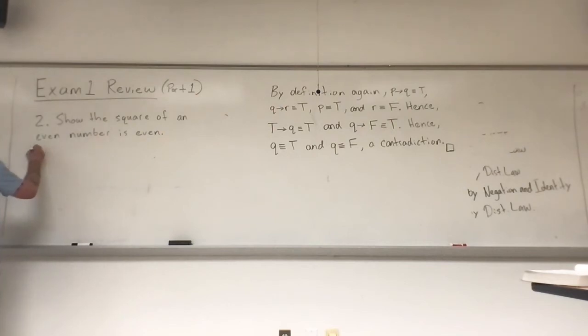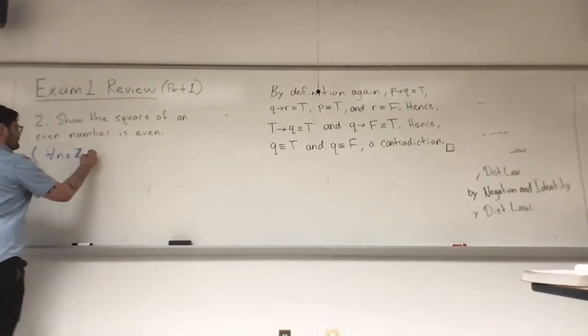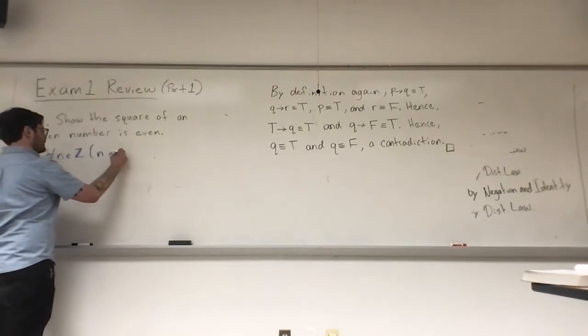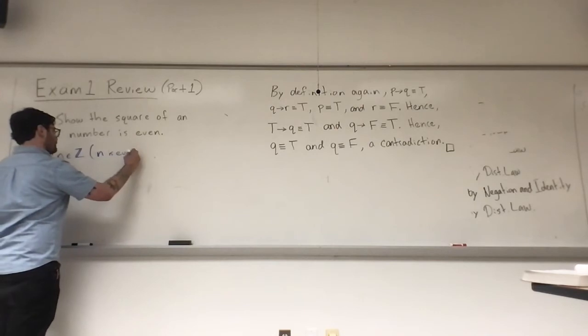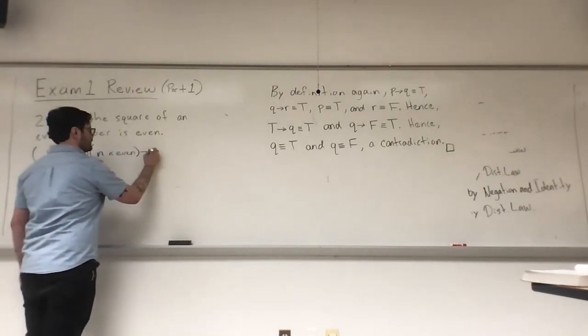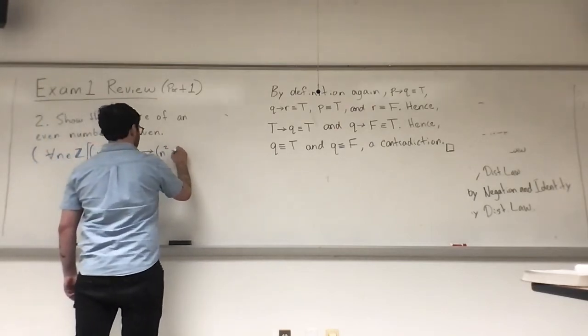So this is equivalent to saying, for all n that are integers, n is even implies n squared is even.